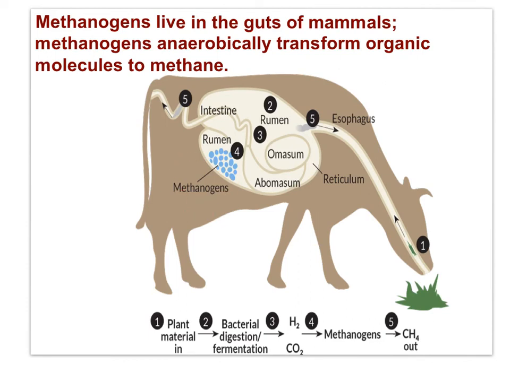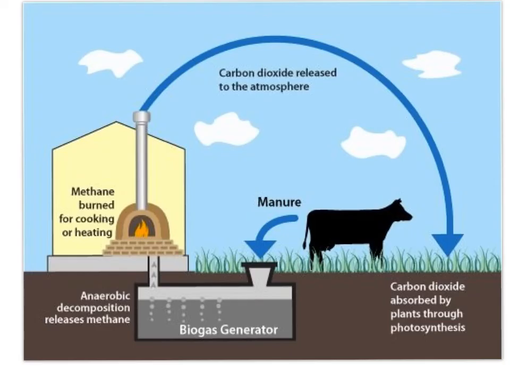Methanogens anaerobically transform organic molecules into methane. If the feedstock for methane production is organic, as it is here, then the production of methane is renewable. Here is a diagram of a small-scale methane production system that emphasizes the renewable nature of methane production from organic matter.